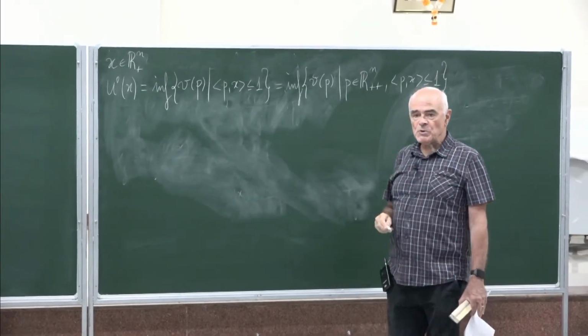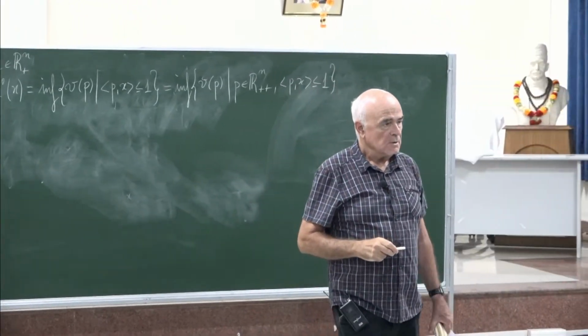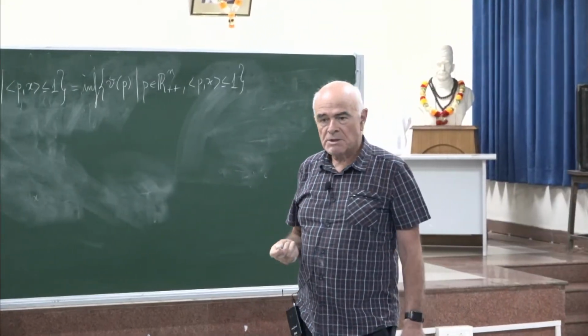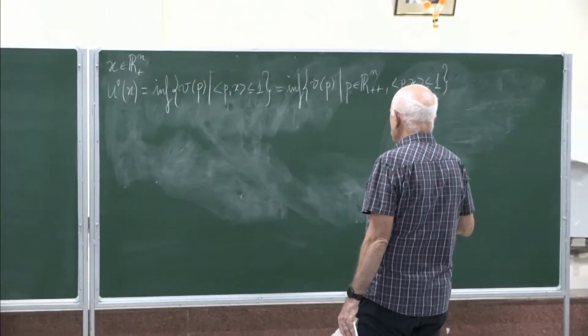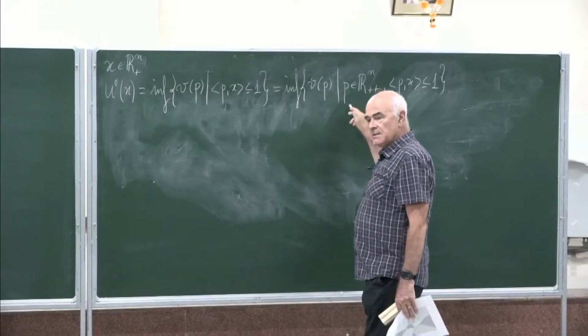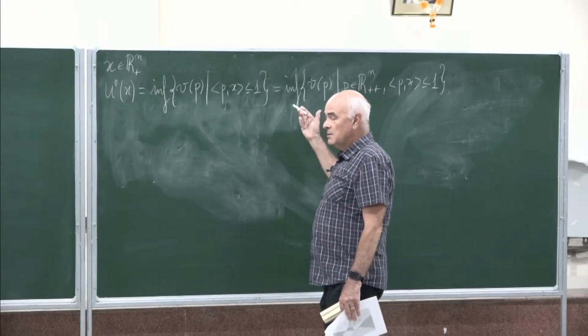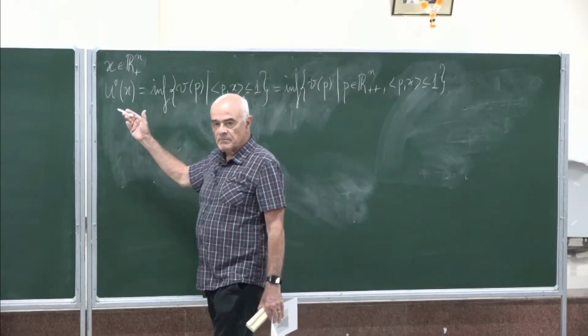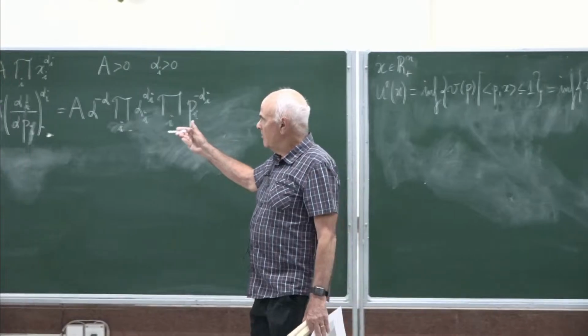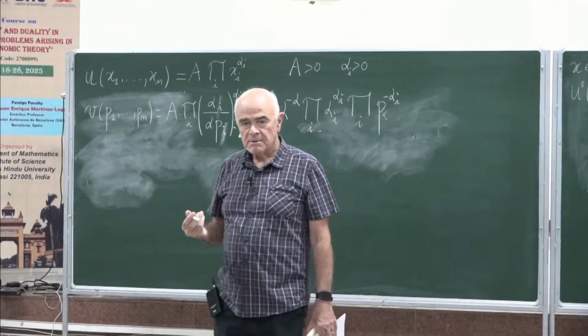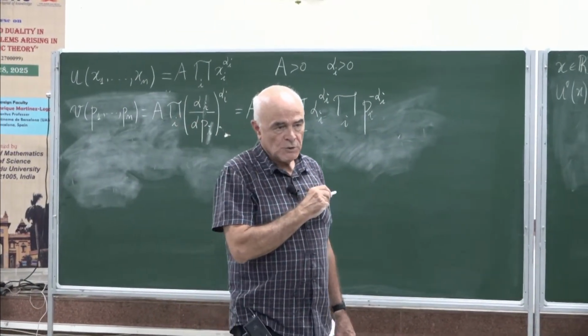But if I impose this extra condition, the optimal value does not change, because the p's I am excluding by imposing this constraint are not candidates for the infimum, because v of p is plus infinity for those p's.